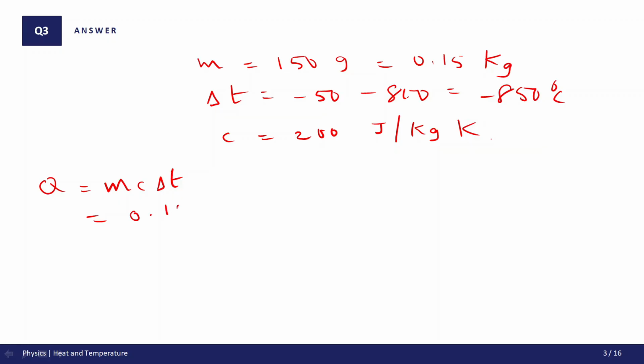C value is 200, into change of temperature minus 850 degrees Celsius.